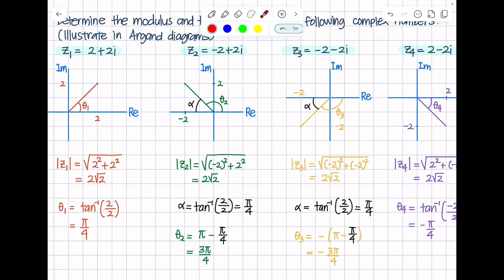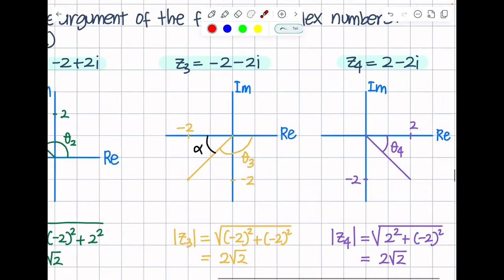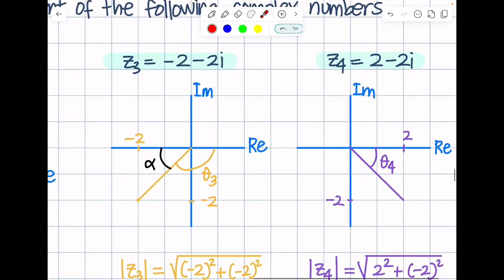Okay, how about the third and fourth quadrant? For example, z3 equals negative 2 minus 2i. This is in the third quadrant. Remember, to find the argument in the third quadrant, we use a negative angle.